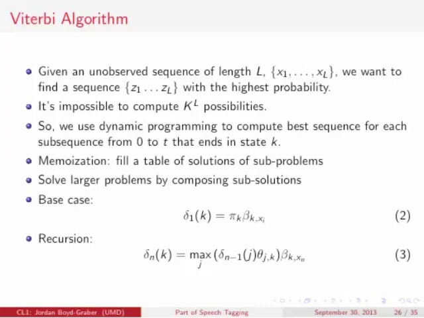And so we multiply the probability of the solution that we had at the previous time, n minus 1, times the transition probability of going from J to K, and then multiply that by the probability of observing the word that we saw at this position, given that we're in state K.